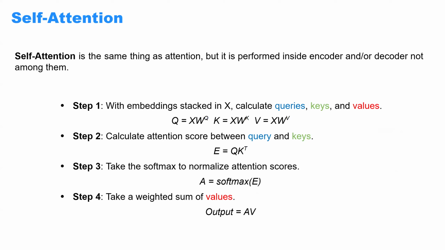Somehow we need to preprocess our embeddings into different fields, so they could have different semantics, and that's how it is performed. For every token, for every embedding in our input, we have 3 copies: query, key, and value.